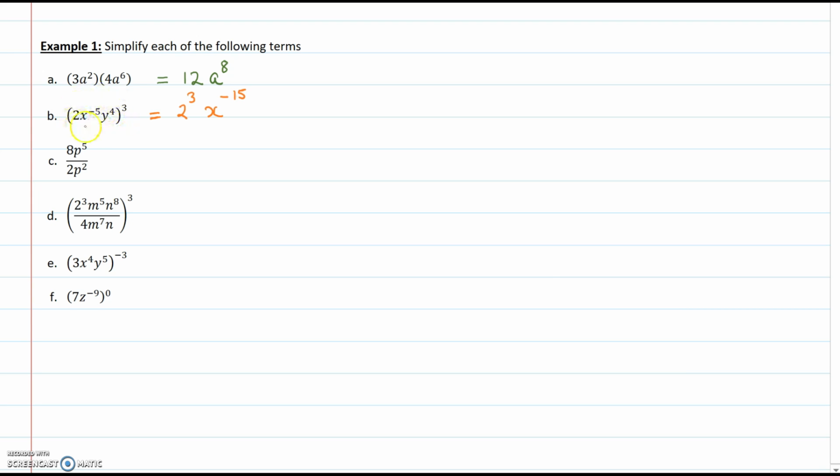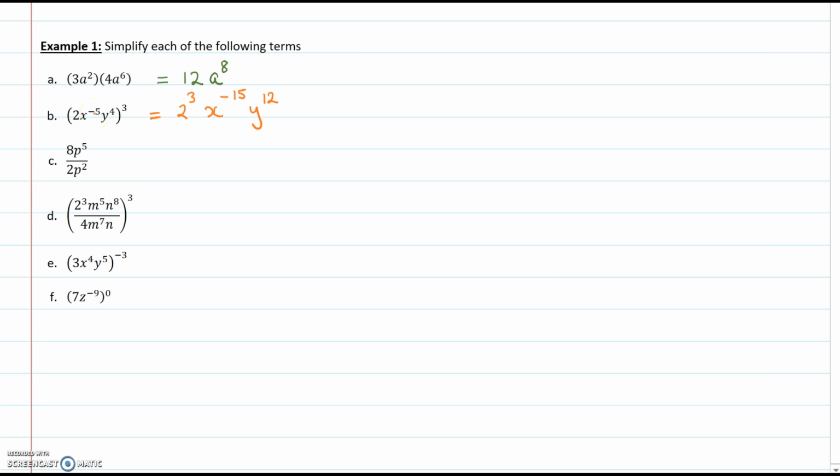Even though this is all one single unit, 2x to the negative 5, y to the 4, even though that's one expression, we deal with each individual item inside it separately in this case. Y is to the power of 4 already, and then there's a power of 3 on the outside, so multiply. Okay, so 4 3s are 12. So when we have an inside power and an outside power, what we're doing is we're multiplying the powers.